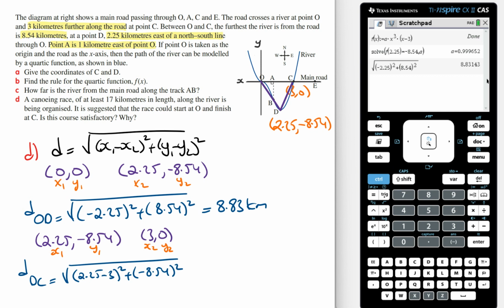And so setting this up in the calculator, we can work out this distance. And so this is equal to 8.57 kilometers.